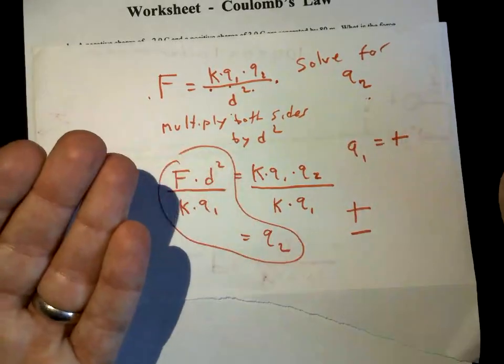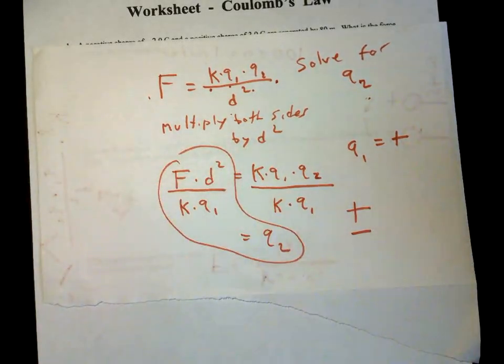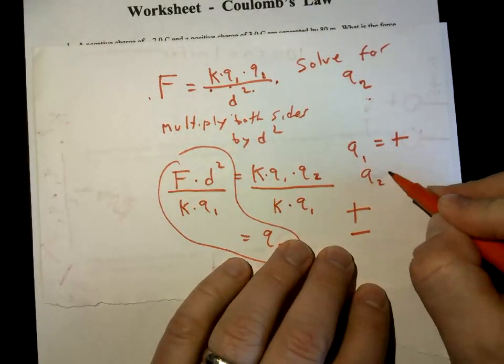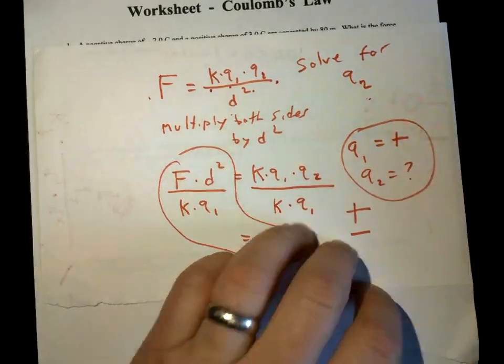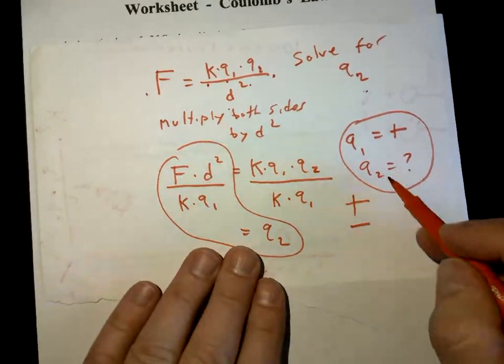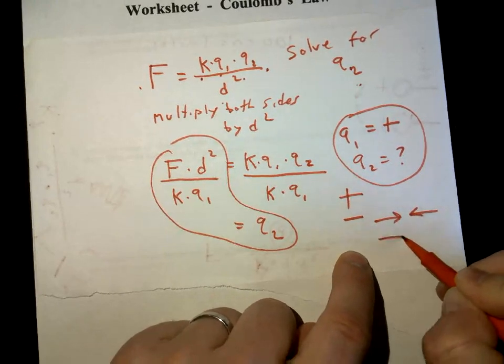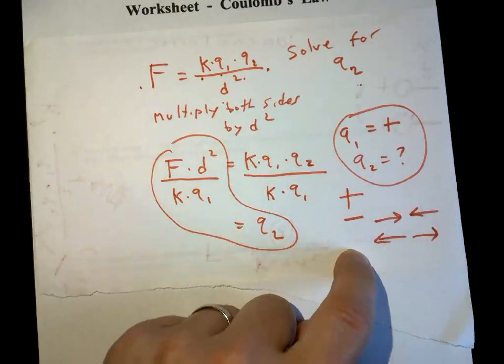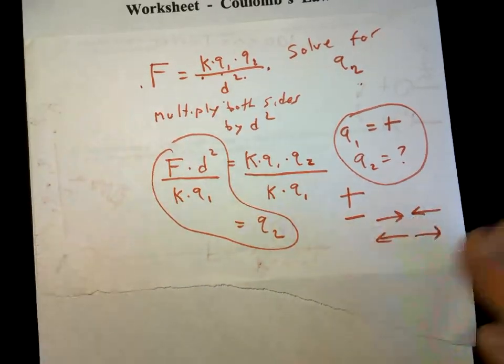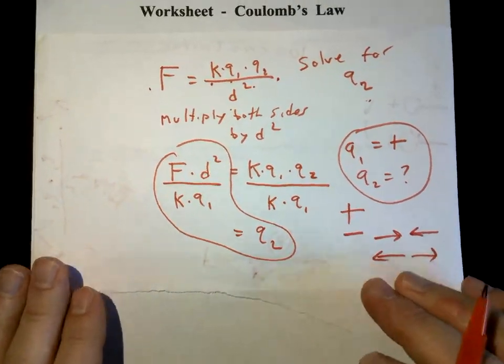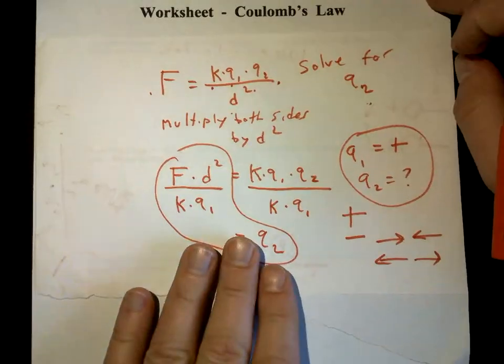How do you know if they're repelling or attracting? You need to know what Q2 does, because that will determine whether they attract each other or repel each other. That's something you're going to have to figure out. You might have to watch this video again.